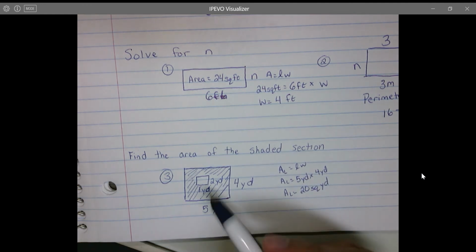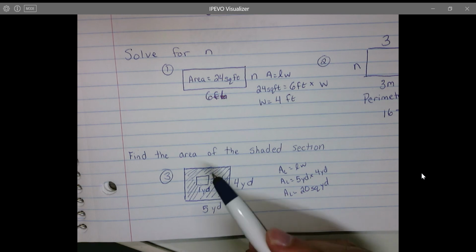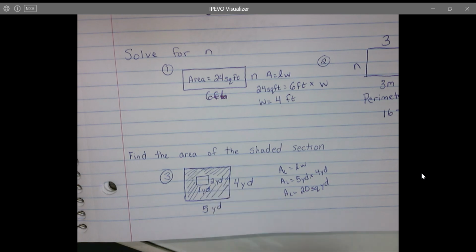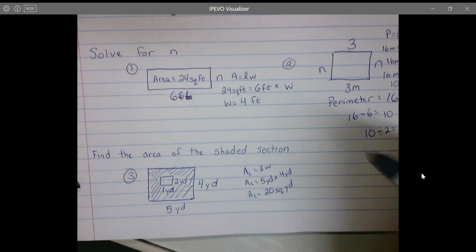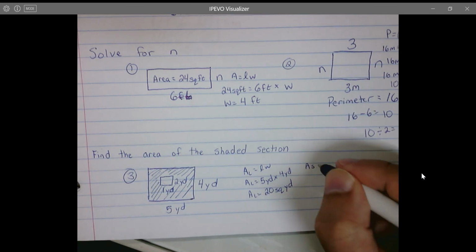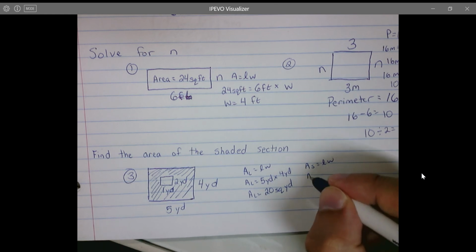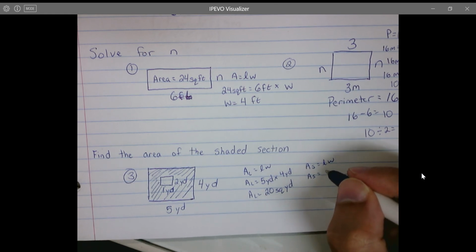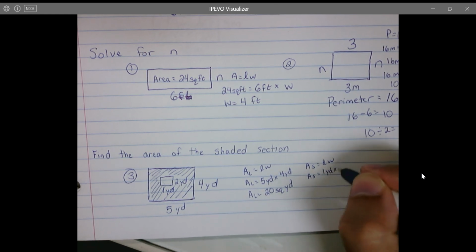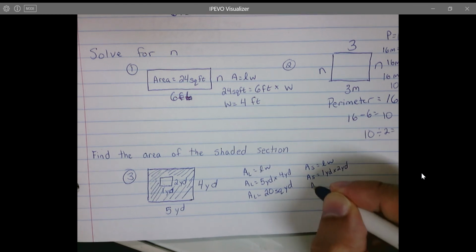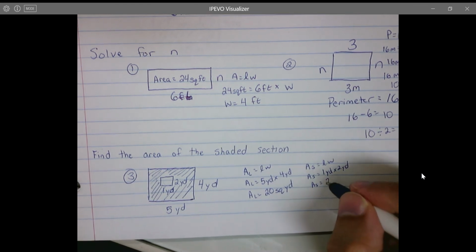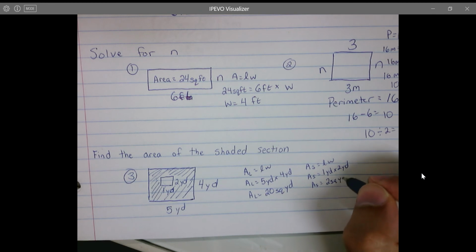But that would be including this little piece. Well, what would the area of this little piece be? Again, starting with my formula like I always do, area of the small one is length times width. Area of the small one would be 1 yard multiplied by 2 yards, so 2 square yards.